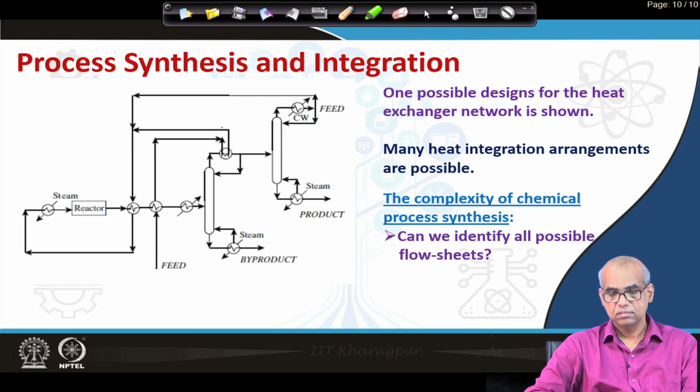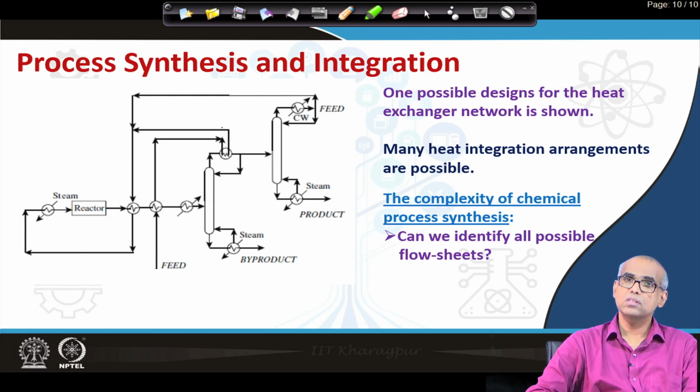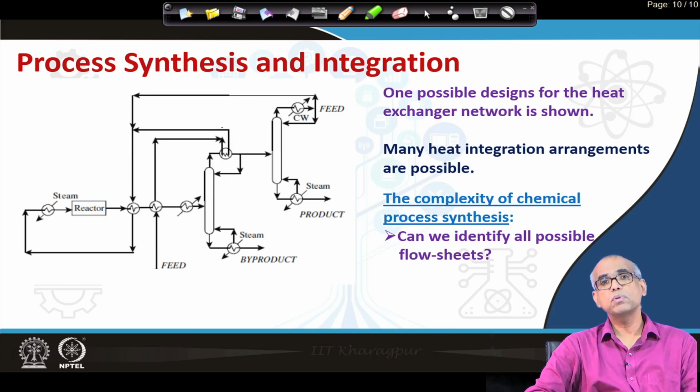One, can you identify all possible flow sheets? Say by inspection, is it possible to imagine every possible way the equipment can be interconnected?